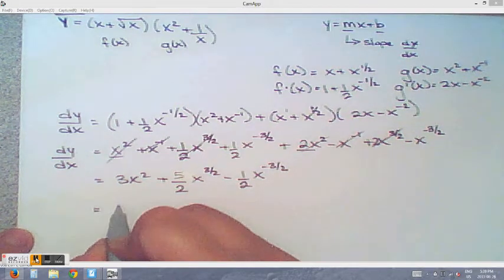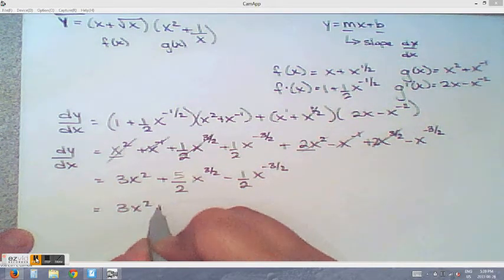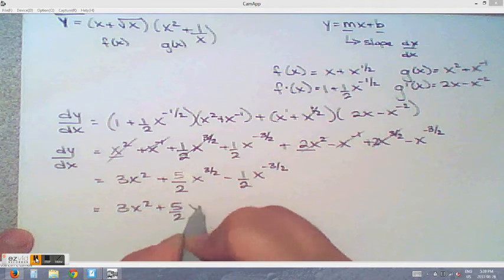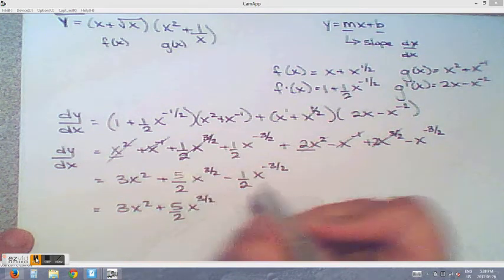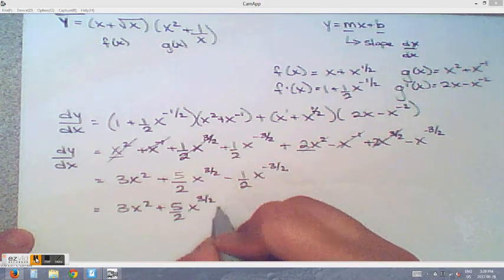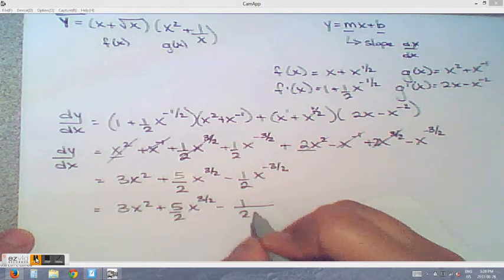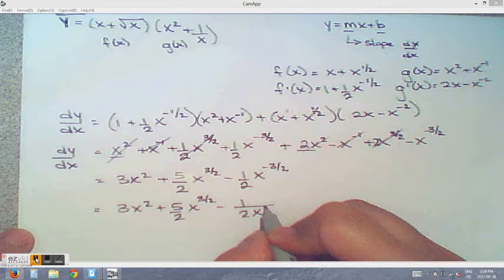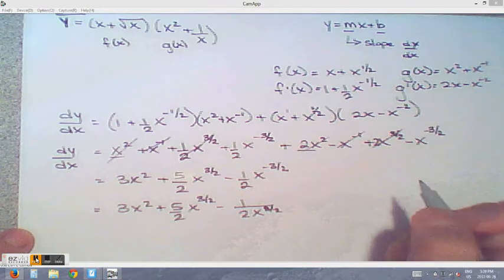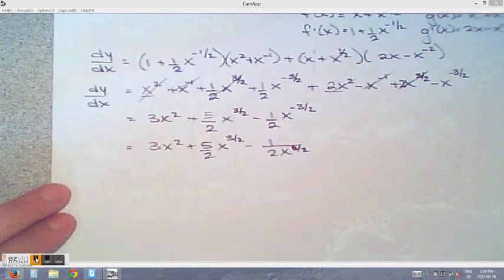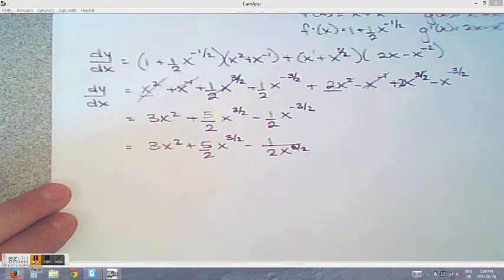So positive exponents. 3x squared plus 5/2 x to the exponent 3/2 minus 1/2 x to the exponent 3/2. Can you see that? I'm going to fix that up for you.